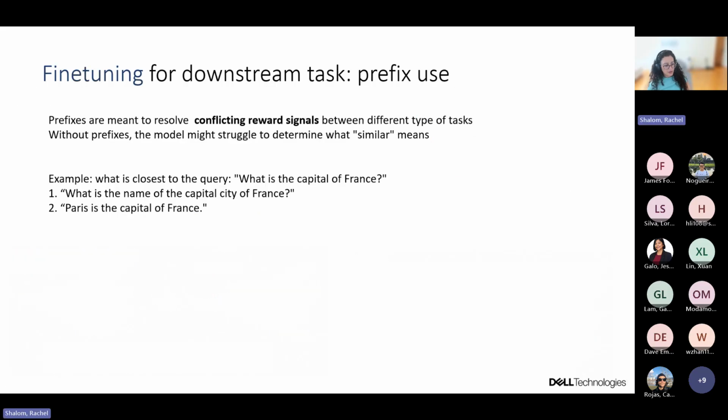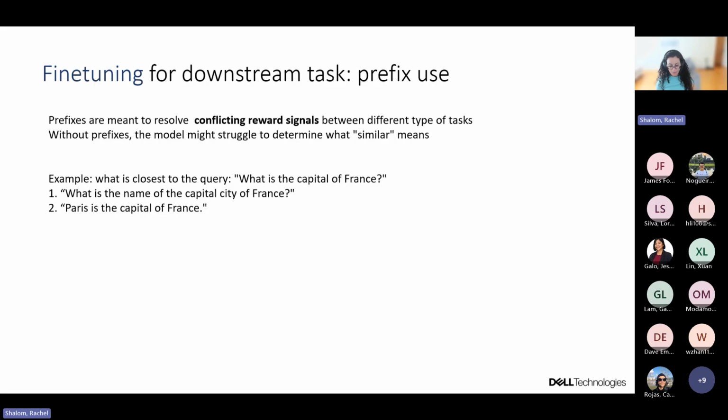One more thing to talk about when we talk about training: the prefixes. Prefixes are meant to resolve conflicting reward signals. What do I mean by that? Remember that we talked about different use cases for embedding models.